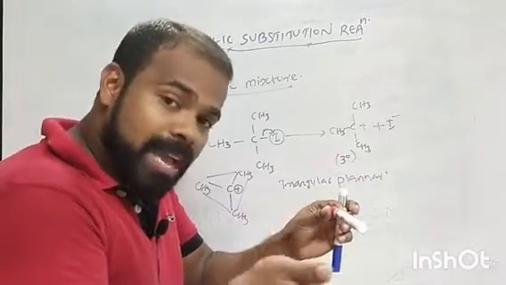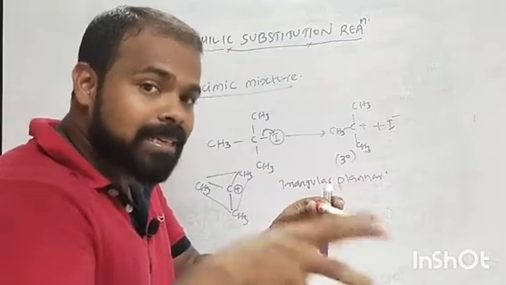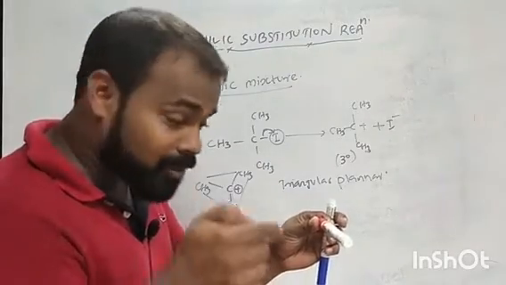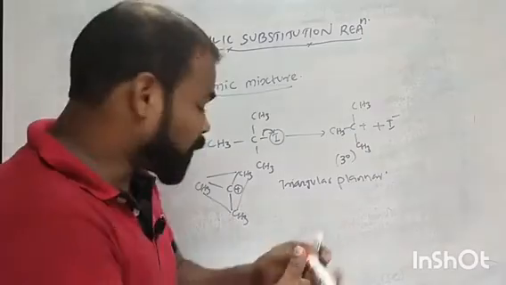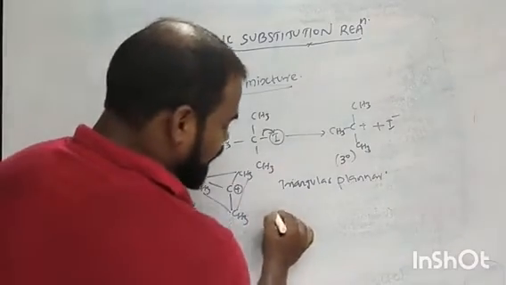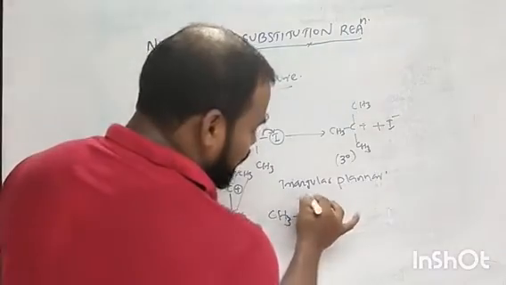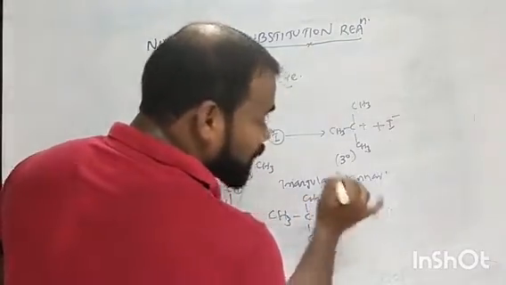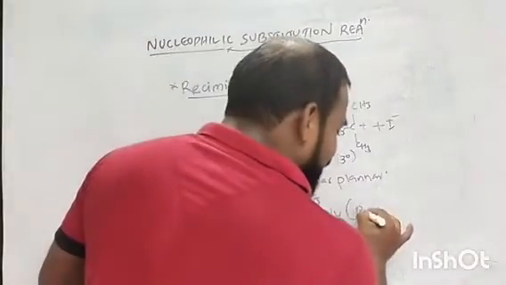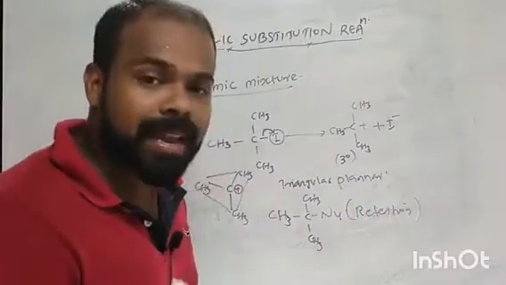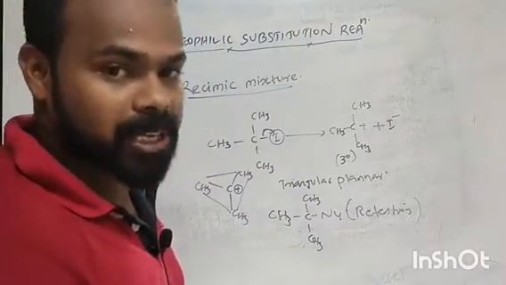I removed iodine from the front side, then similarly the nucleophile attaches again on the same side. Now the same presentation arises like this: CH3-C-CH3-CH3, with the nucleophile here. This is the retention configuration.